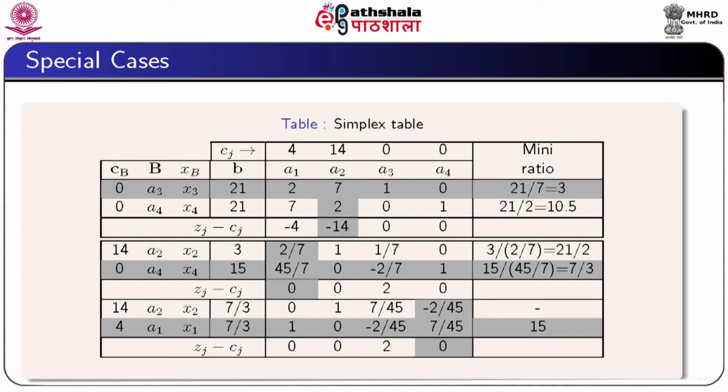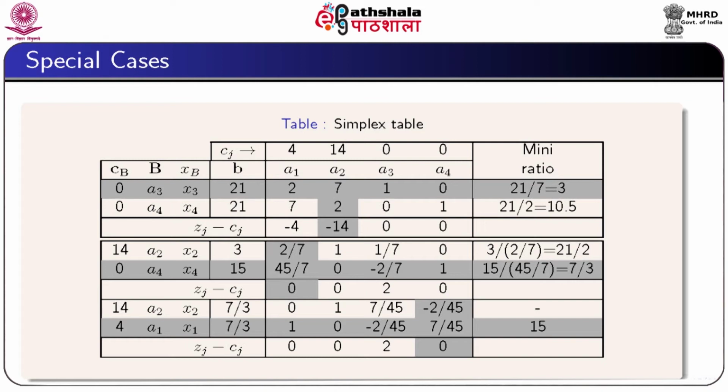An optimal solution of the problem is thus obtained as x1 equal to 0 and x2 equal to 3, and the corresponding value of the objective function is 42. However, note that the Zj minus Cj value corresponding to the non-basic variable x1 is 0. This indicates that there is an alternative optimal solution of the problem.